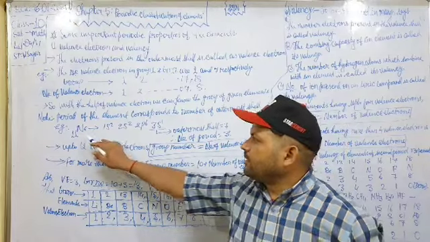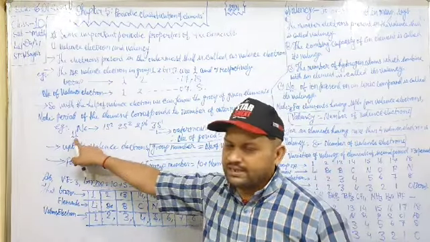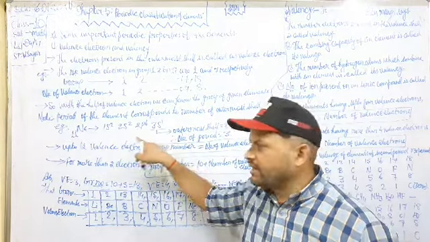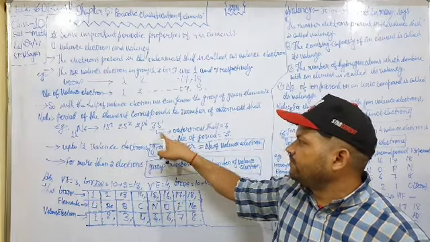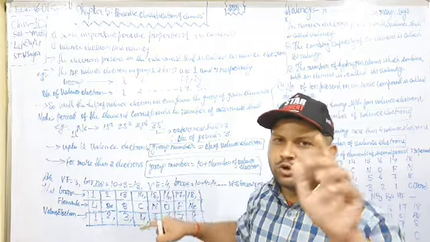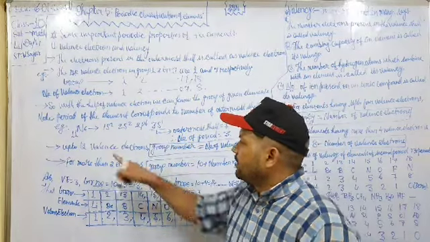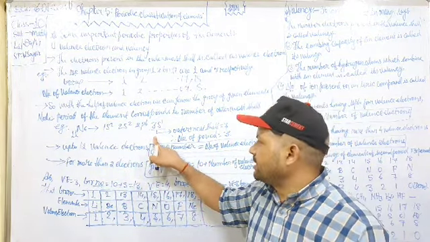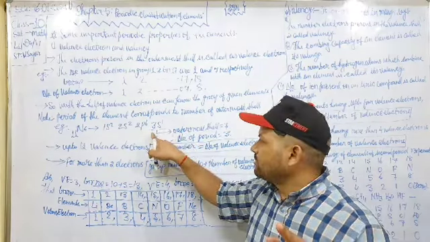For example, for the sodium atom, whose atomic number is 11, the electronic configuration is written as 1s2, 2s2, 2p6, 3s1. Here we look at the outermost orbit. The outermost orbit is 3, K L M, this is the M orbit. There is one electron present in the third orbit.